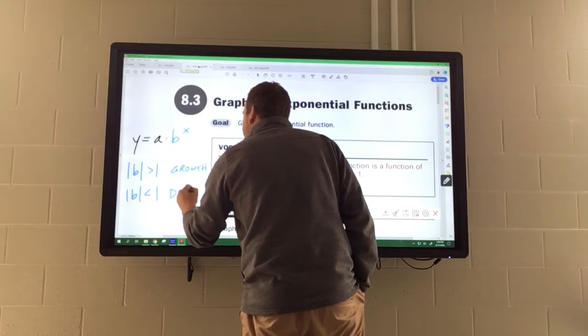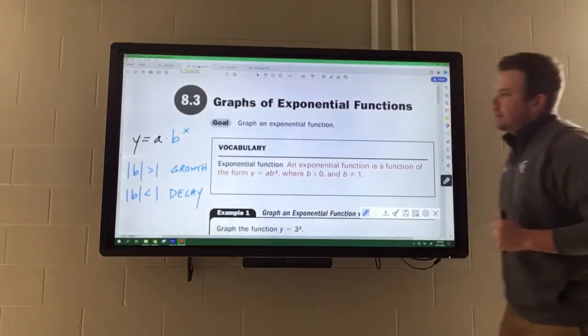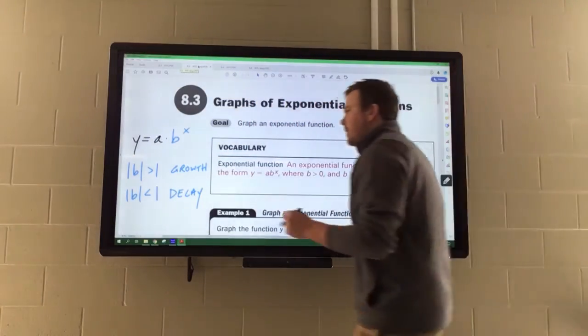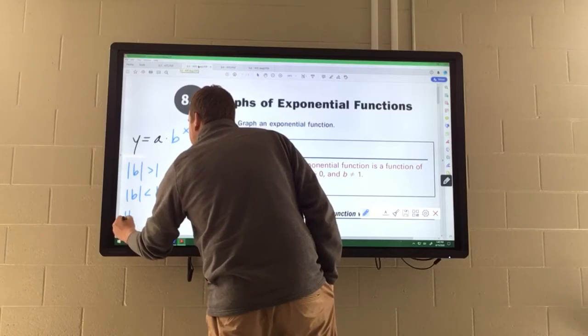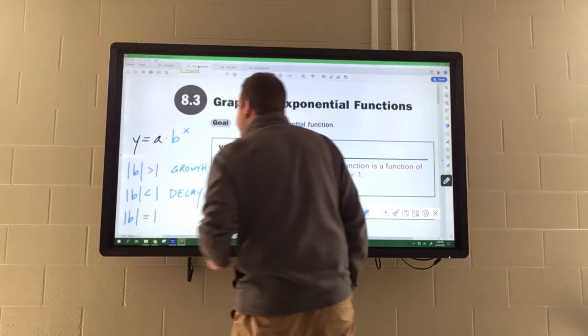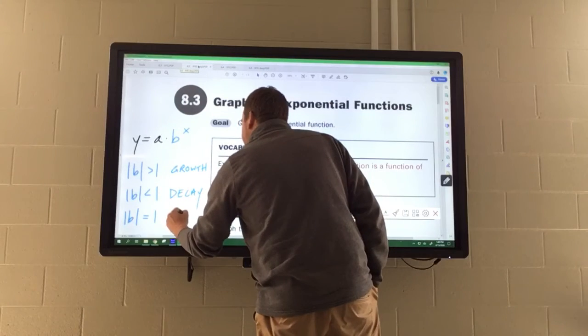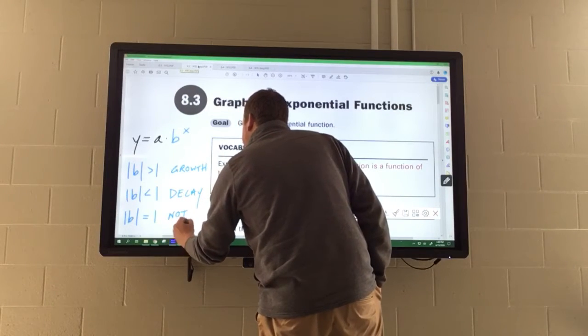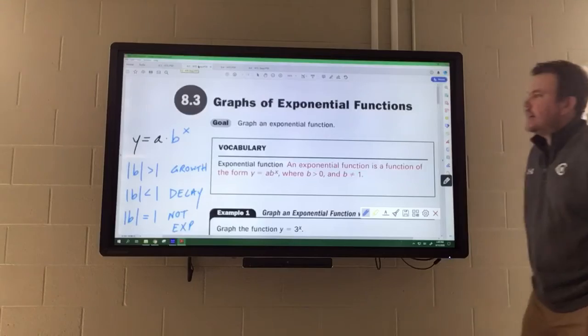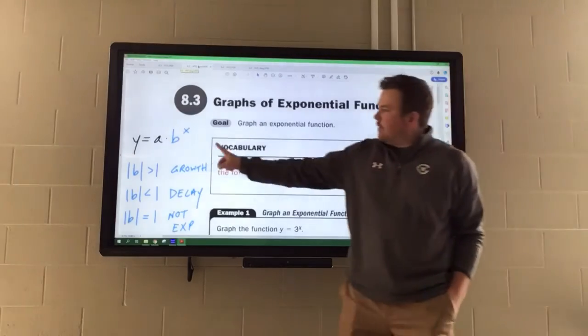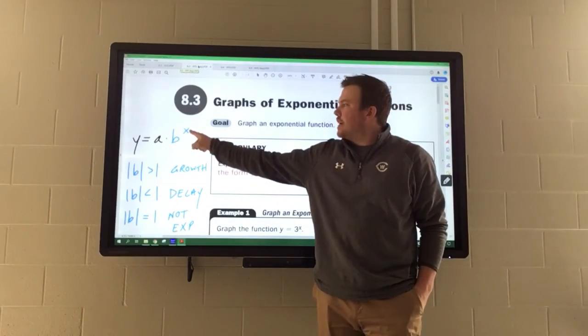And we will see what both of those look like in just a moment. And if the absolute value of b is equal to 1, it's not an exponential function. So, not exponential.